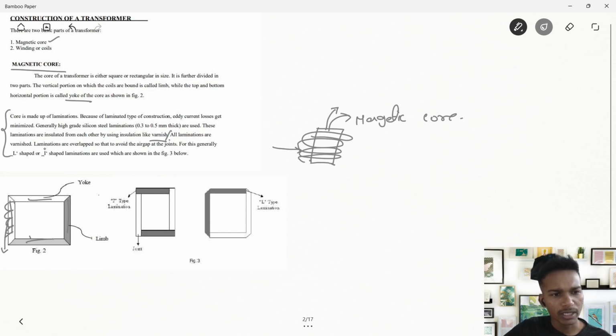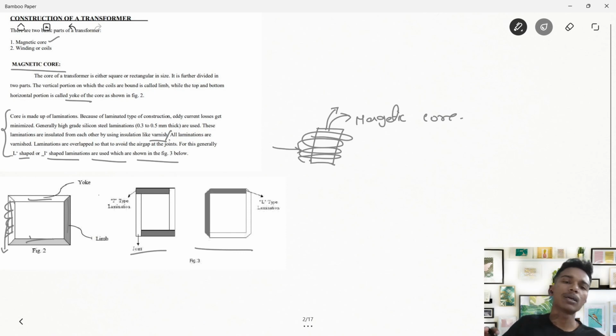All laminations are varnished. Laminations are overlapped to avoid air gaps at the joints. For this, generally L-shaped or I-shaped laminations are used, as shown in figure 3 below. These are the different types of laminations used. If we do not use any lamination over this core, there will be some losses to the oils present in the transformer itself.